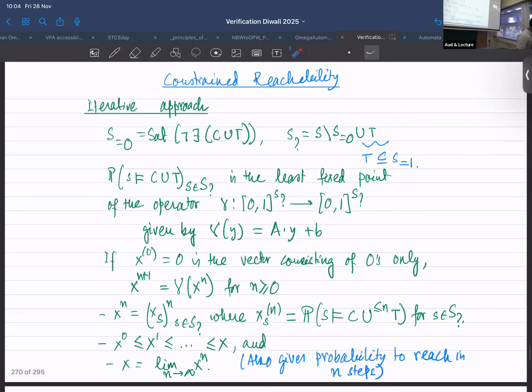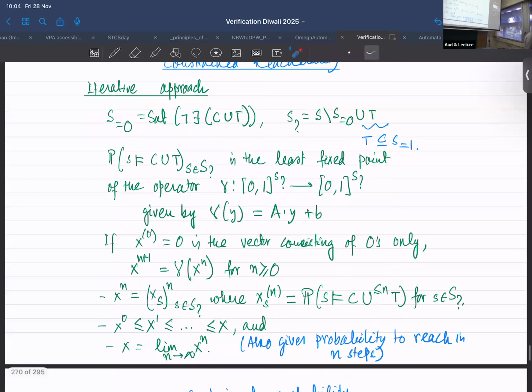Now suppose I start initially with T, the set of states which satisfy T directly.